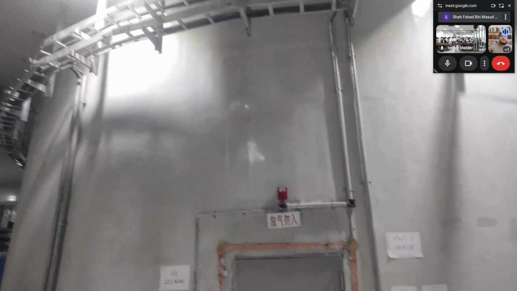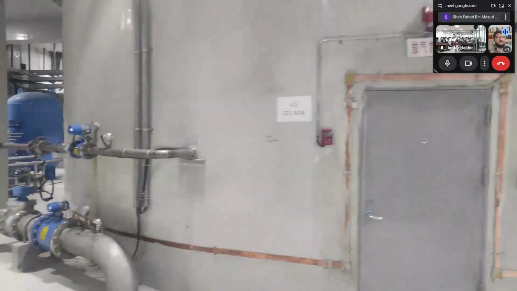Now the thing is that we are not allowed to enter this room because it is an energized room, and the electricity which is produced by this generator is 18,000 volts. 18,000 volts, ठीक है. आपके घर में जो बिजली आती है ना, वो 220 वोल्ट होती है. 220 वोल्ट से कितना गंदा झटका लगता है. ये 18,000 वोल्ट है. Even we are not allowed to pass in front of this area because इसकी इतनी ज्यादा heavy magnetic field है कि ये हमें attract कर सकता है वॉल के साथ भी. So whenever we entered into this area, हम लोगों के अपने specific uniform होते हैं. We used to wear that uniform. So this is the room where we have a generator.